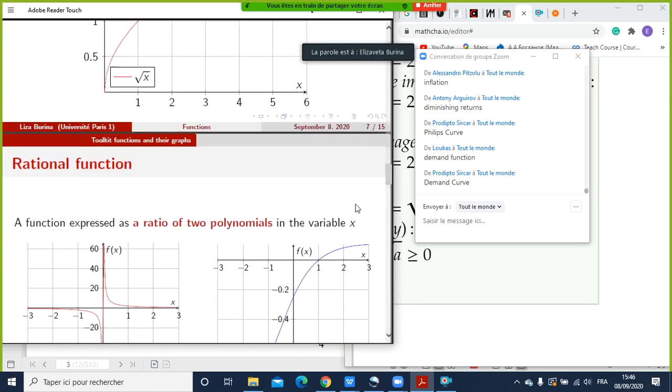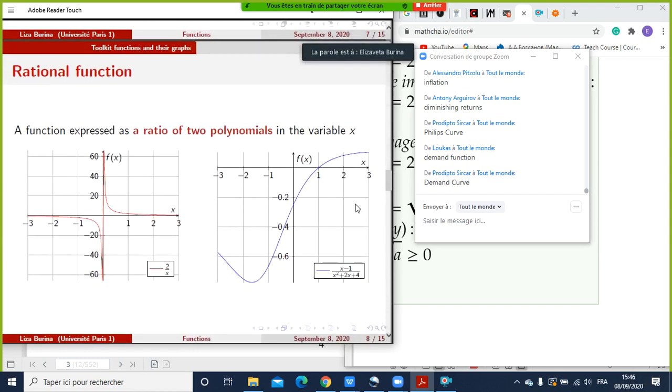Cool. Then we can go to the rational function. Left side, like this example, we can have that as a demand curve as well. The part that is in the positive quadrant only, because here we don't have any demand. This is also called the hyperbolic function. Maybe you've heard that.